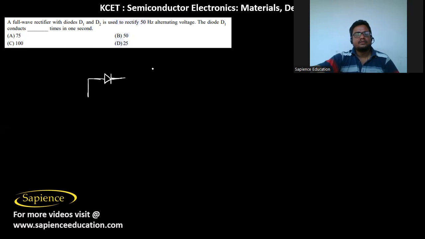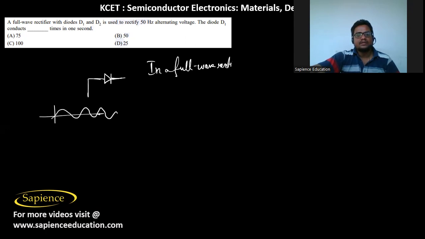So the rule is, in a full wave rectifier, if the input is like this, then the output will be this. So it is a full wave rectifier.